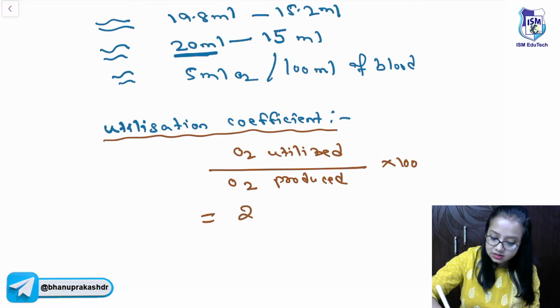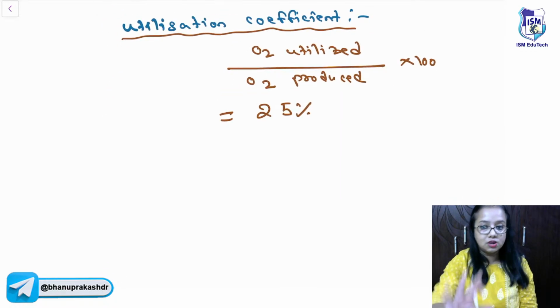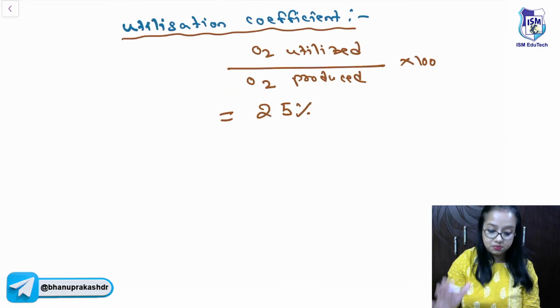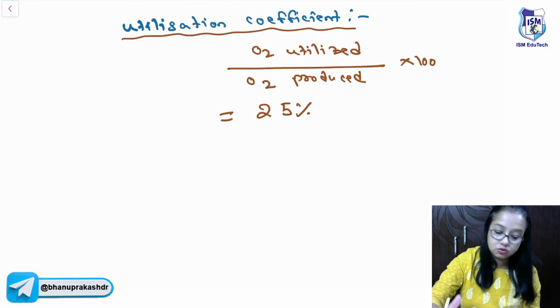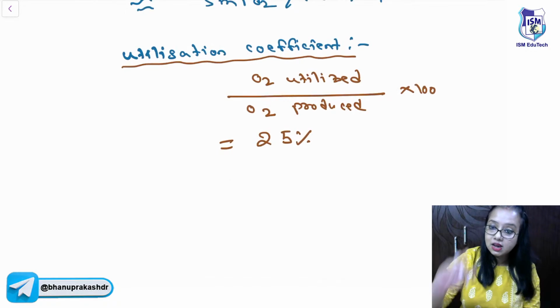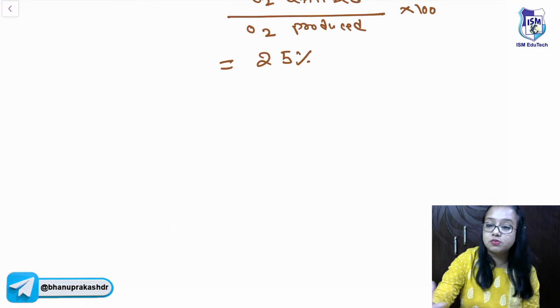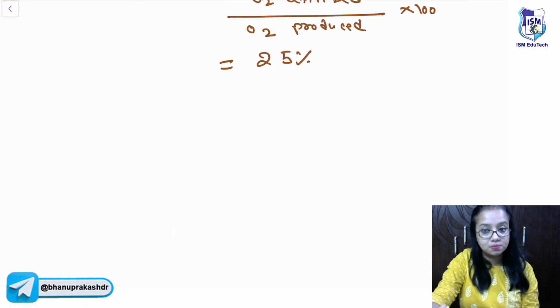Its value stands out to be 25%: 250 by 1000 into 100. So the utilization coefficient of oxygen is about 25%. What we have to remember is that every time 100 ml of purified, oxygenated blood goes to the tissue, it is giving out 5 ml of oxygen to the tissues for its cellular activities, for its metabolic purpose.